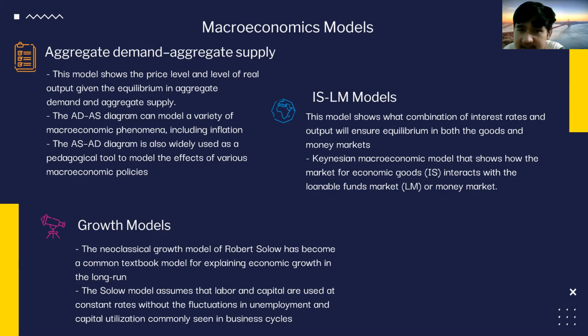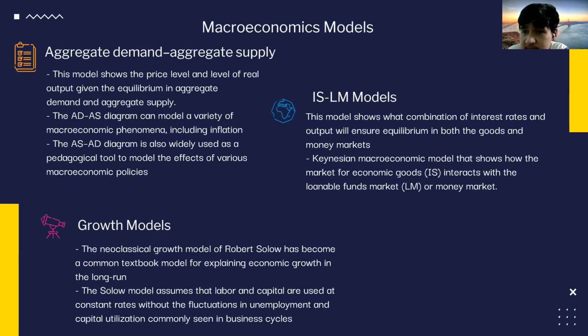Next, we will discuss IS-LM models. These models show what combination of interest rates and output will ensure equilibrium in both the goods and money markets. The IS-LM model stands for investment savings, or IS, and liquidity preference money supply, or LM.